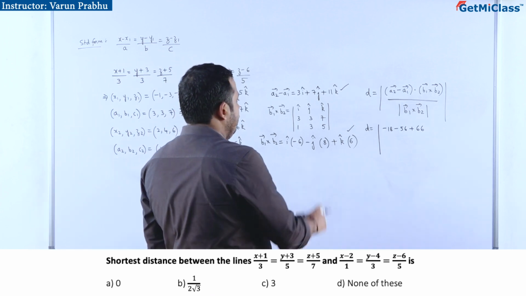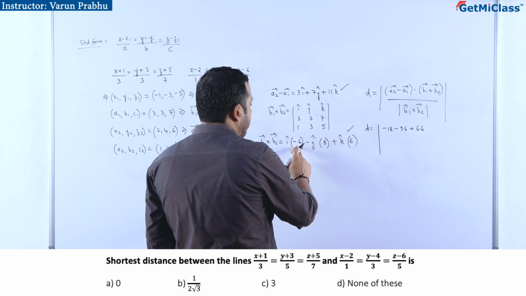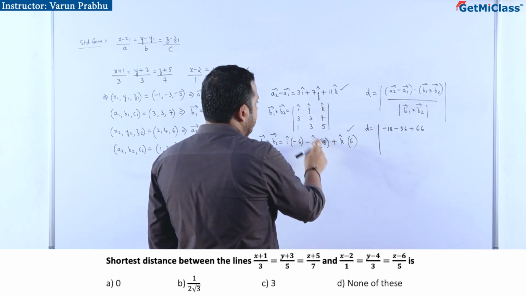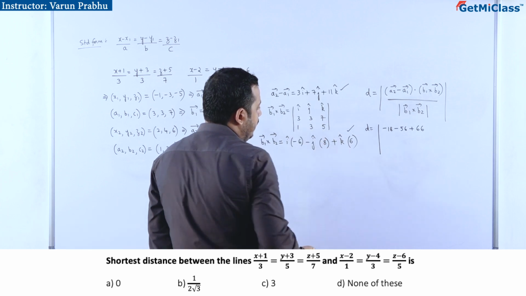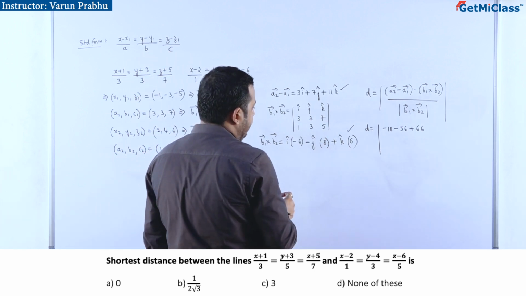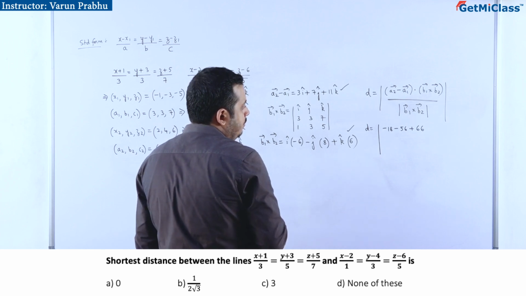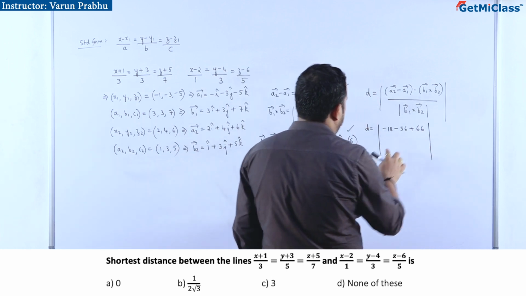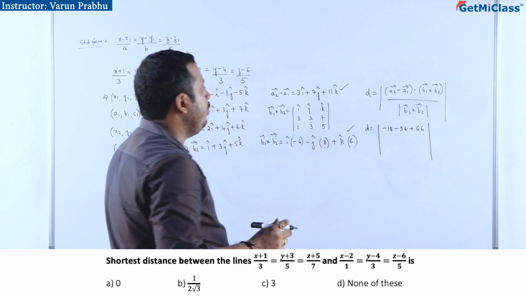So here it will be 3 5s are 15 minus 21 which is minus 6, minus 15 minus 7 is 8, plus k cap 9 minus 3 is 6, divided by magnitude of b1 cross b2.